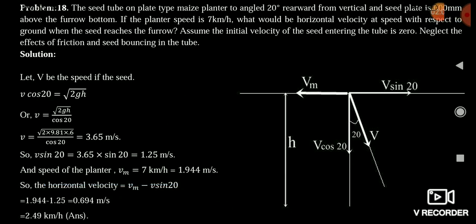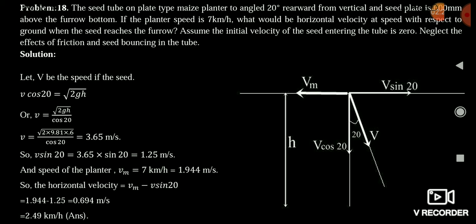And friends, now the planter speed is 7 kilometer per hour. And friends, you convert it into meter per second, that you can get 1.944 meter per second.